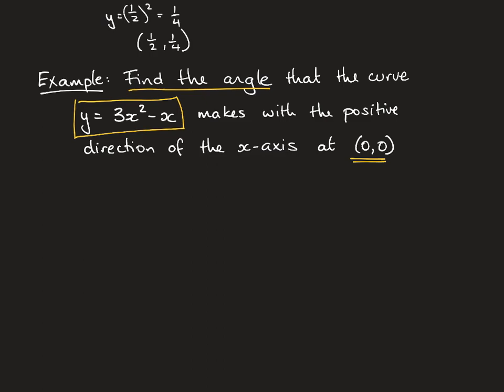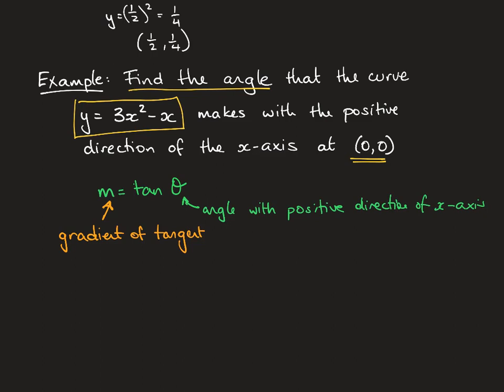Okay, so we know that the gradient of the tangent is tan of theta, and that theta is the angle with the positive direction of the x-axis. We know that this m is the gradient of the tangent, and we also know that the gradient of the tangent is the derivative of the function at that particular point.